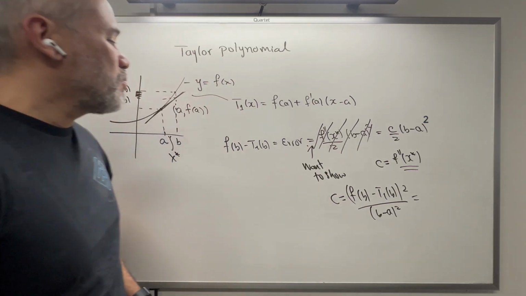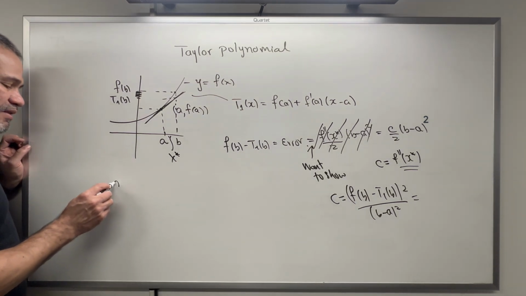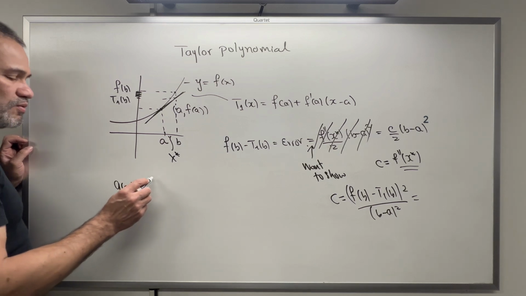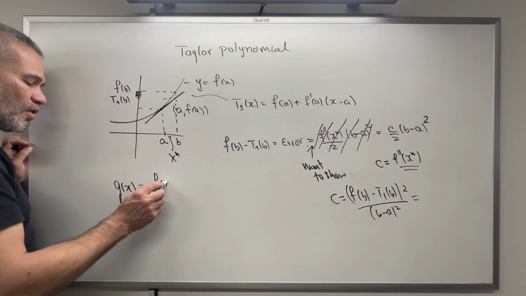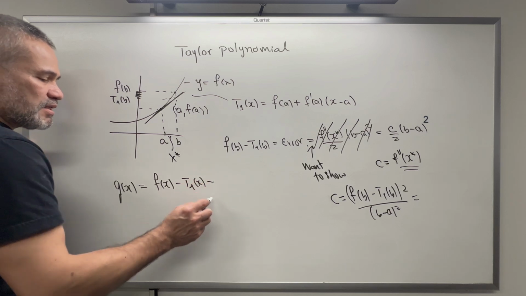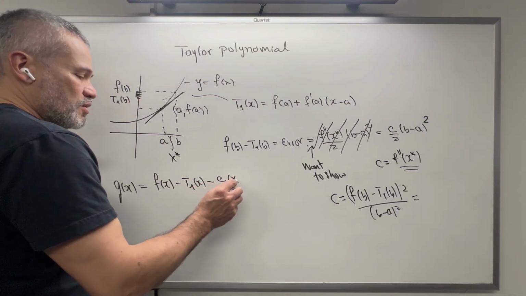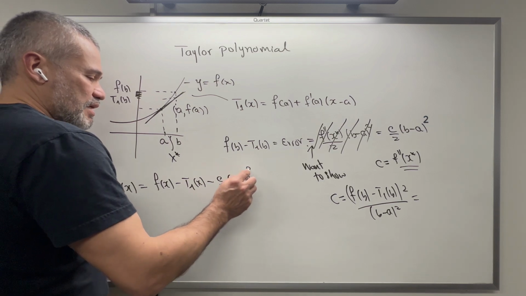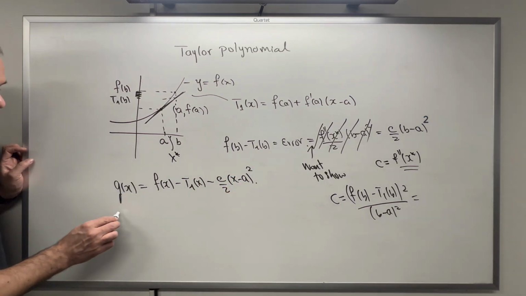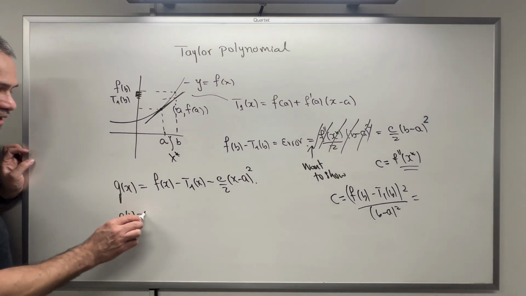How to prove that? We define this function g of x equal to f of x minus t1 of x minus c over 2 times x minus a squared. Then by definition of c, we know that g of b is 0.